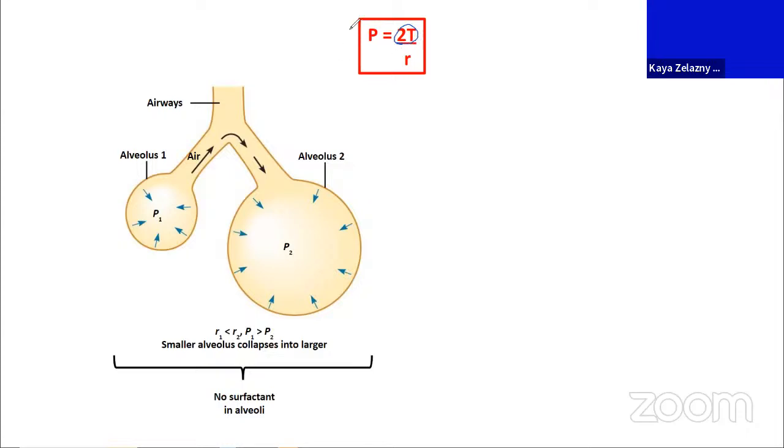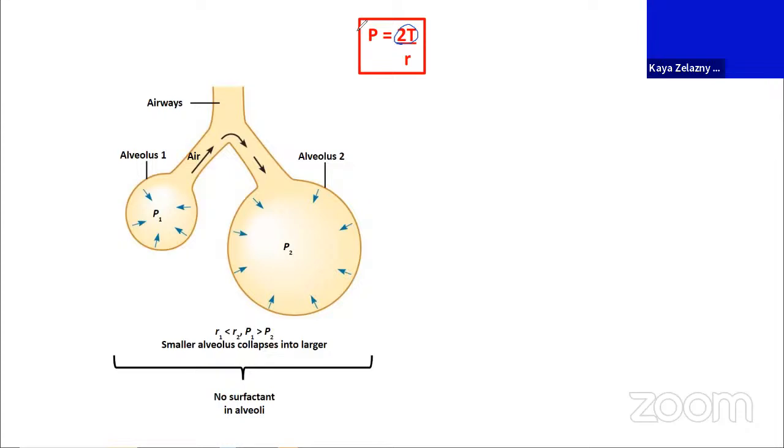We only need a little bit less pressure. But if those are the actual pressures in the alveoli, then we've just created a pressure difference. We only need a low pressure in the large alveolus, a high pressure in the small alveolus. So we're actually going to have air moving into the large alveolus and the small one collapsing.